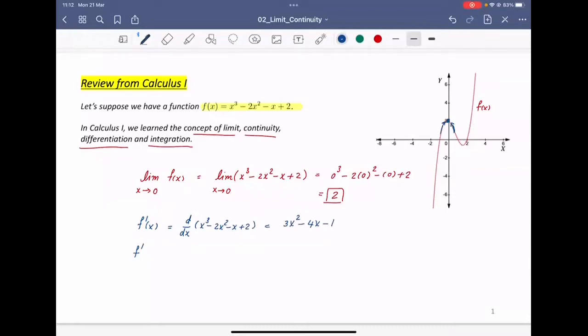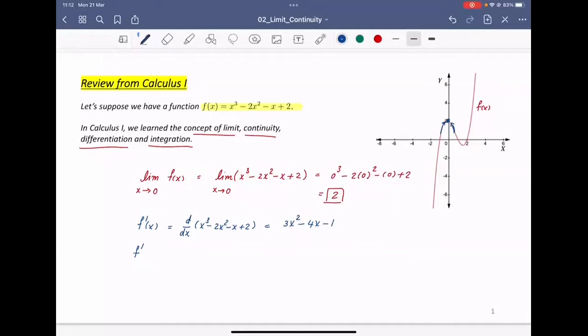Did I do it right? One second. 3x squared minus 4x and then minus 1. Okay, good. If I plug in one number here, you're going to get the value of the derivative.